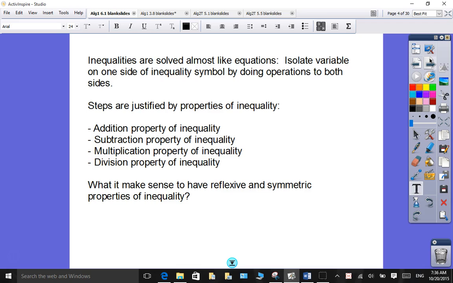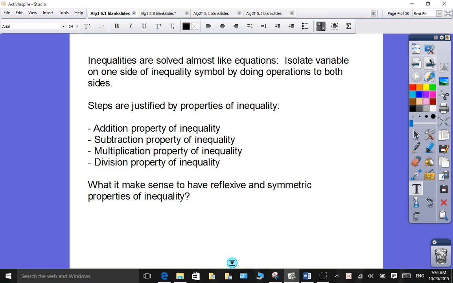Addition property of inequality: you can add the same thing to both sides, and you get an equivalent inequality. Subtraction, multiplication, division, they all work pretty much the same way. There's an exception on the multiplication and division that makes it different, right? That's the one thing that we really have to emphasize, because the rest of it works the same way as an equation.